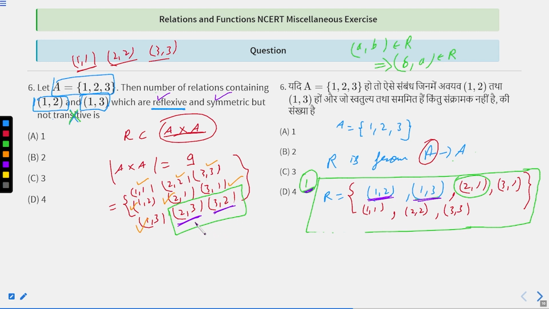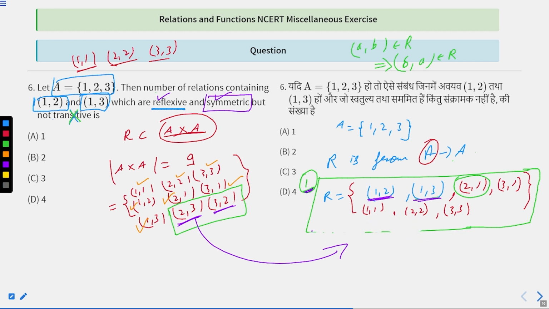If you try to add this element, 2, 3, then what will happen? In order for my relation to be symmetric, 3, 2 must also be in there. If this happens, then it will be transitive also. So I cannot add these elements.